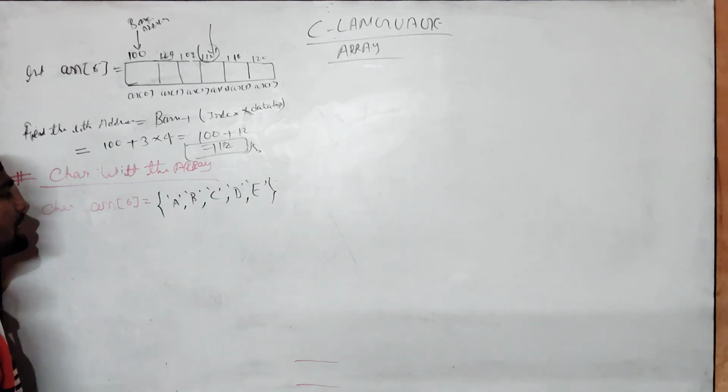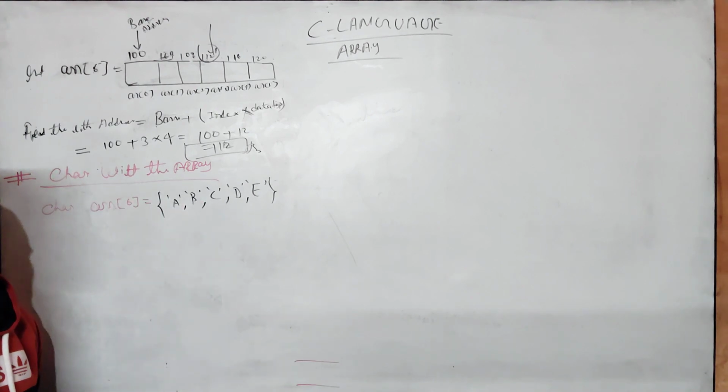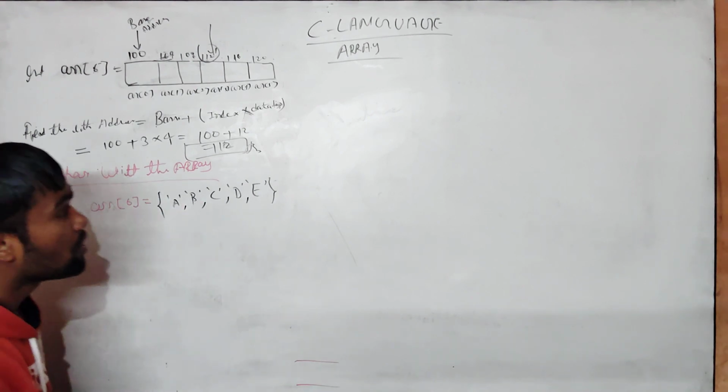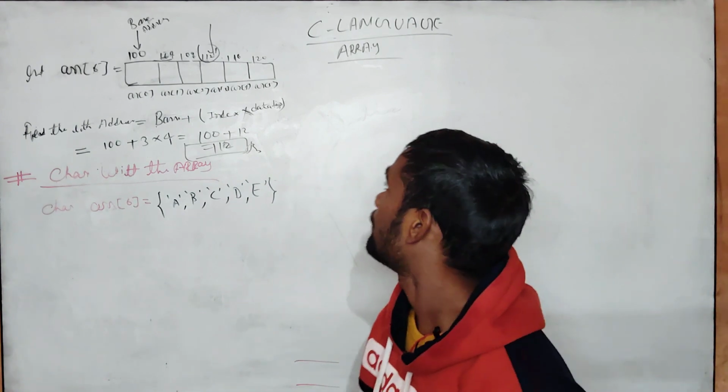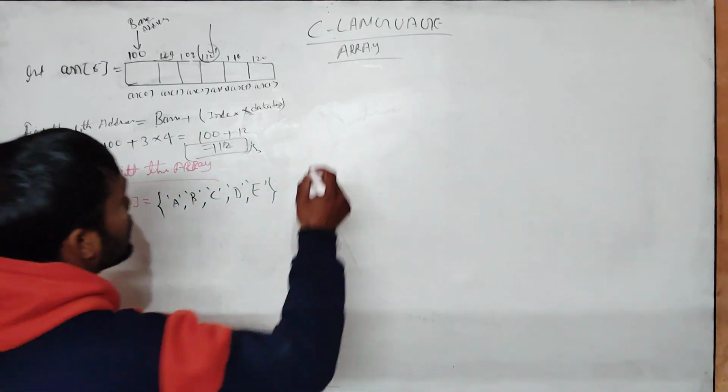Another way is to initialize the array. I already told you we have three types of array: the 1D array, the 2D array, and the multi-dimensional array.